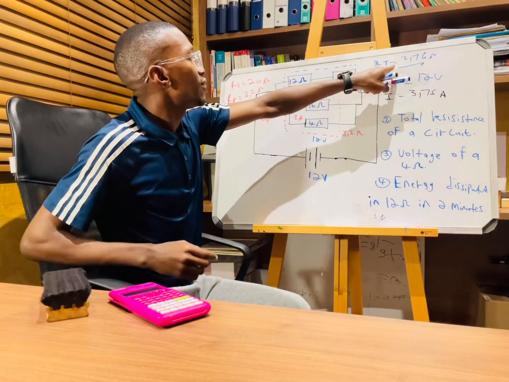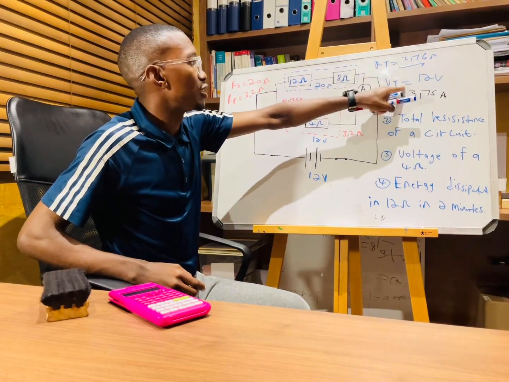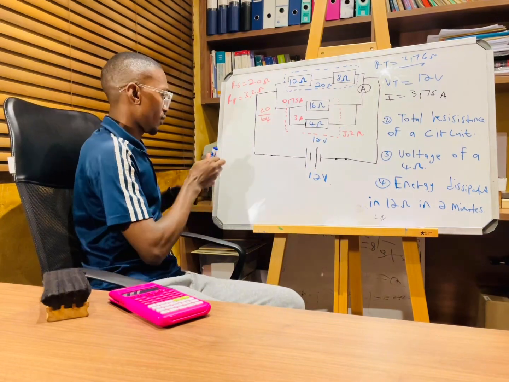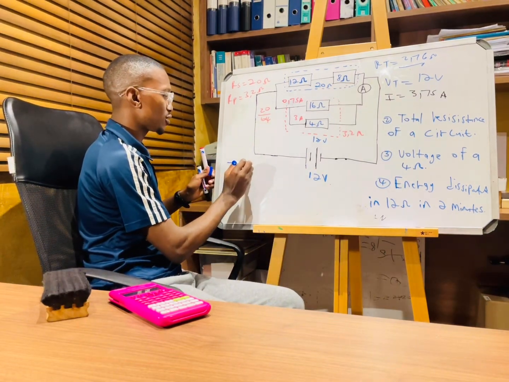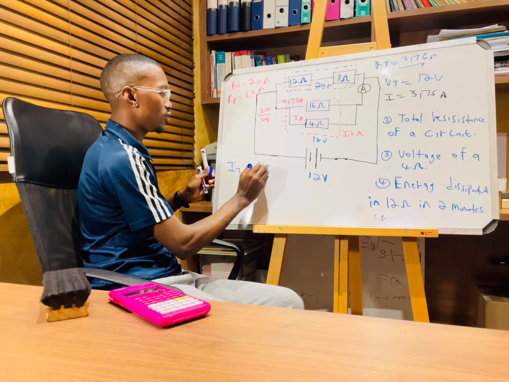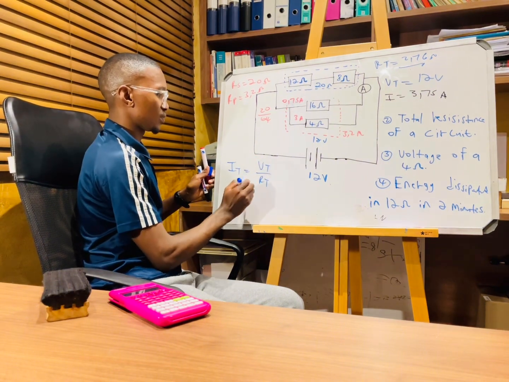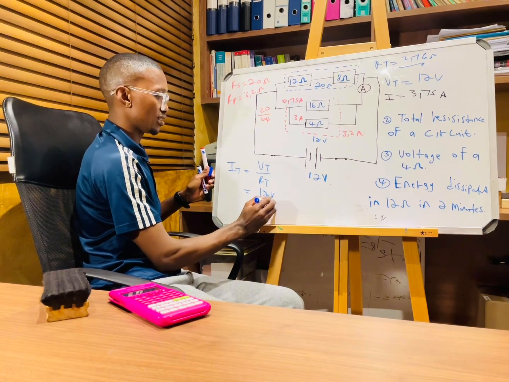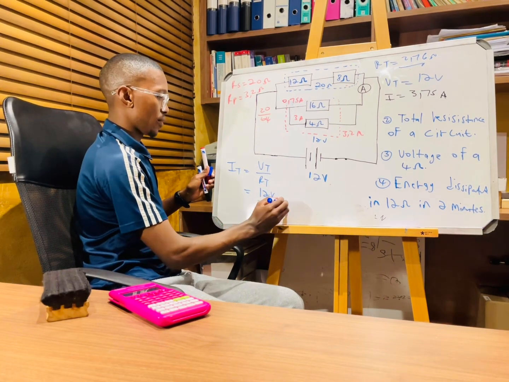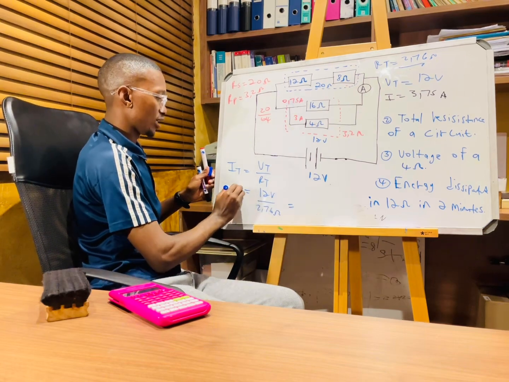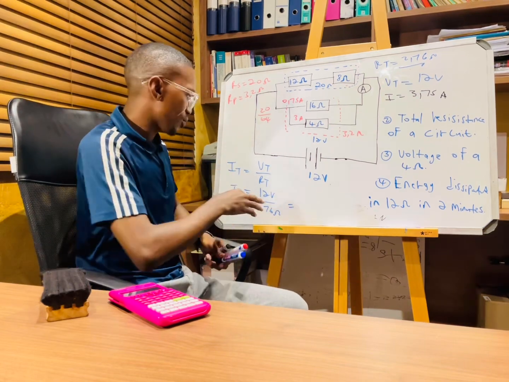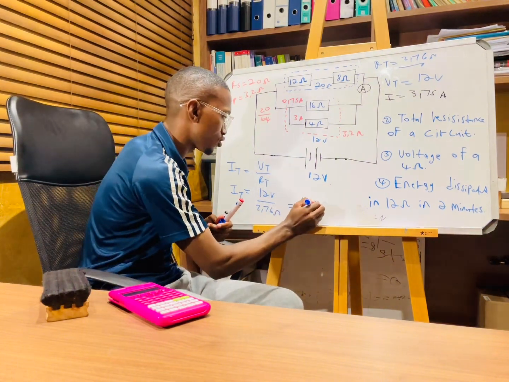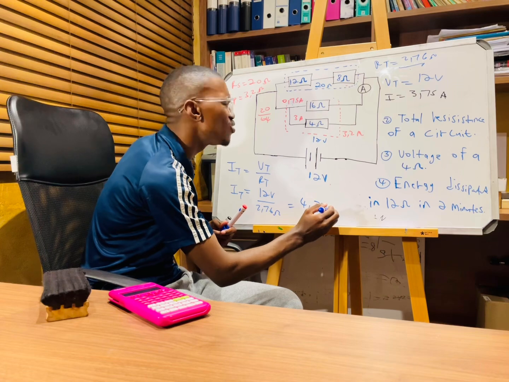Guys, look, you have the total resistance and the total voltage. Can I get the total current? Check. I total equals V total over R total. My V total is 12 volts over R total, which is what? 2.76 ohms. So what's going to be the answer for I total? I guess I'm going to get 12 divided by 2.76, 4.32 amperes.